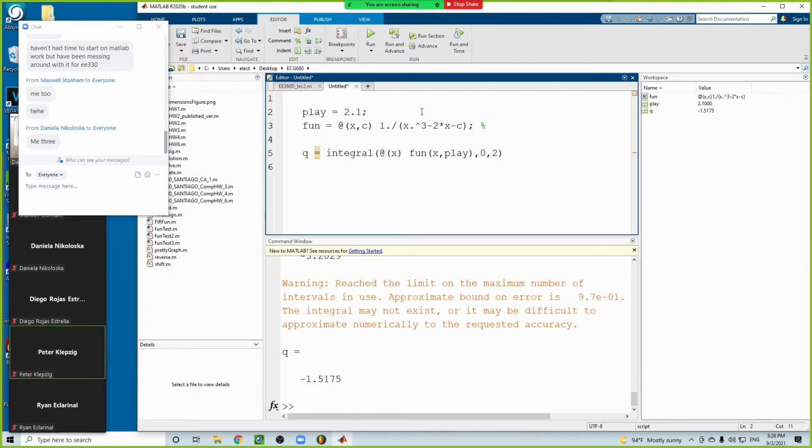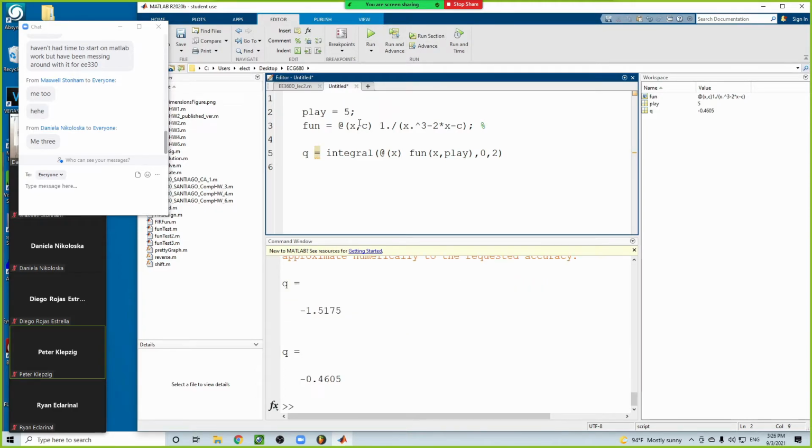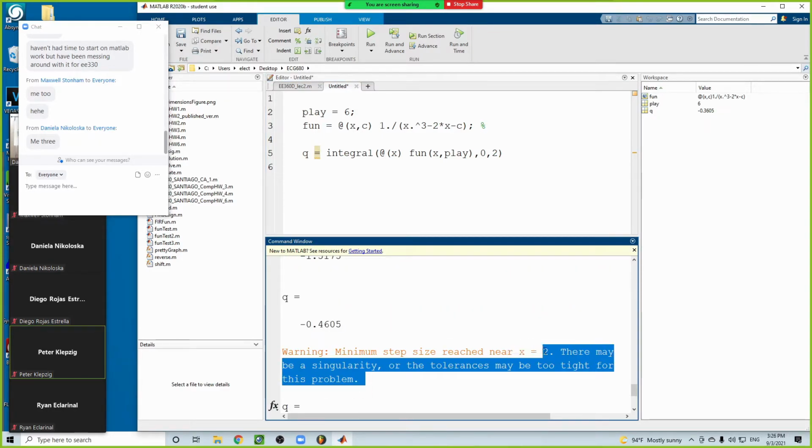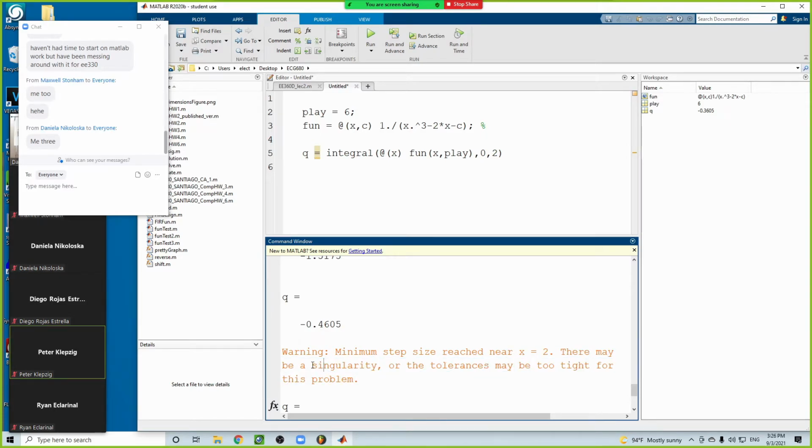There we go. Oh, okay, whatever. 5, 4, 6. All right, we found some number that it just doesn't like. The point is, when you see this, it's probably because it's saying you have a singularity. Another way of saying singularity is infinity.